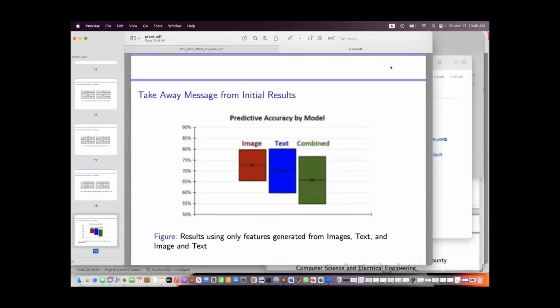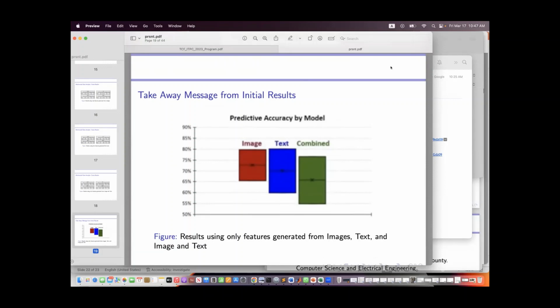So if you notice, the green one on the rightmost end really shows that it has the lowest. So on the y-axis is accuracy. So we have the least accuracy on the combined effort, which means that we are probably not utilizing all of the data that we have very well.